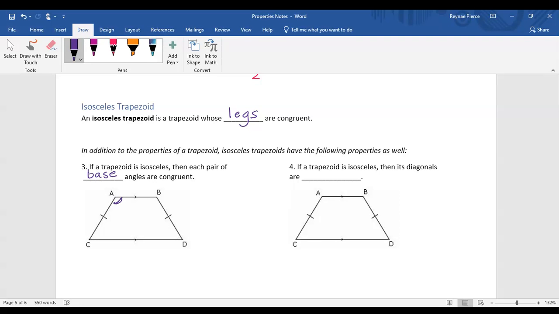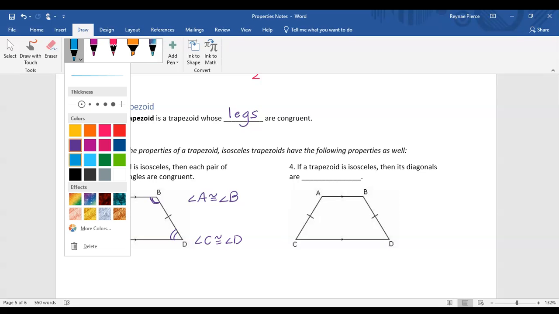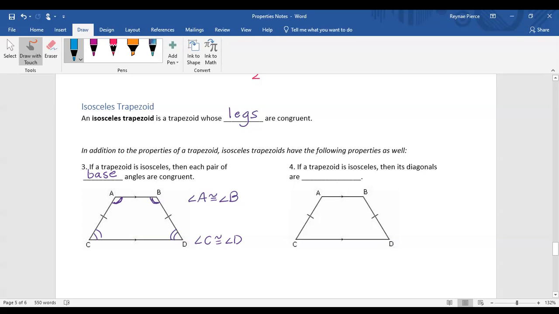So the angles that are on the same base, here angle A and angle B, that's a pair of base angles, they're congruent. And then angle C and angle D here are also congruent. And last but not least, for these trapezoids, its diagonals are congruent as well.